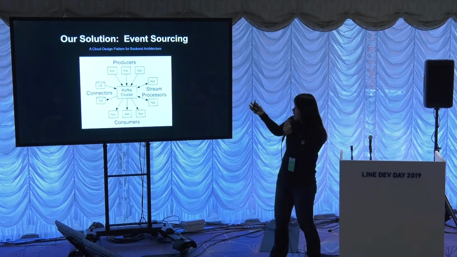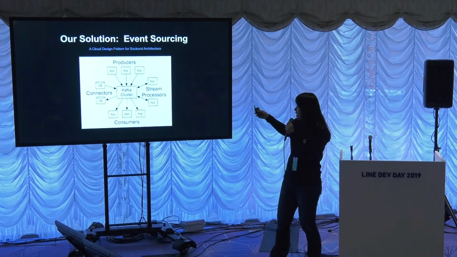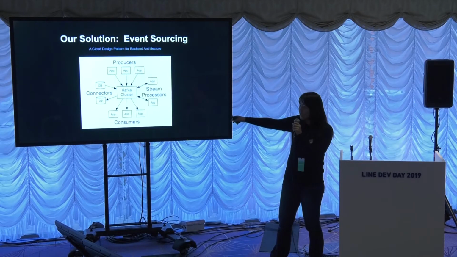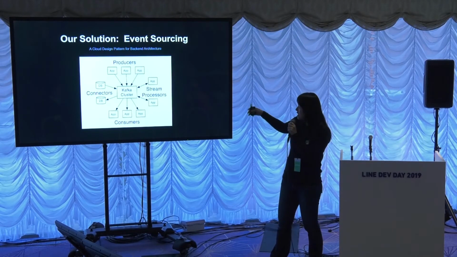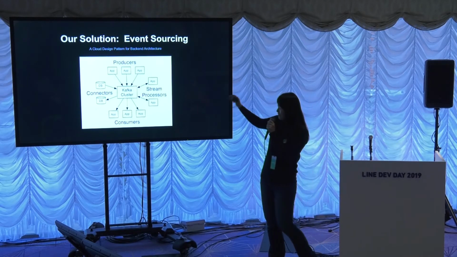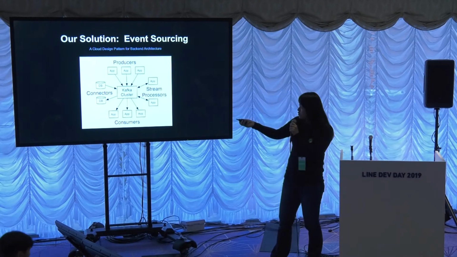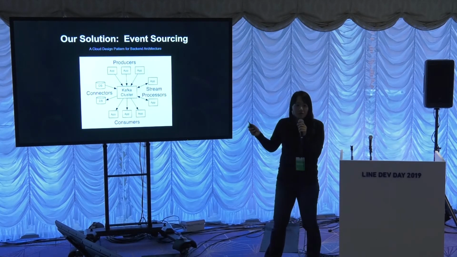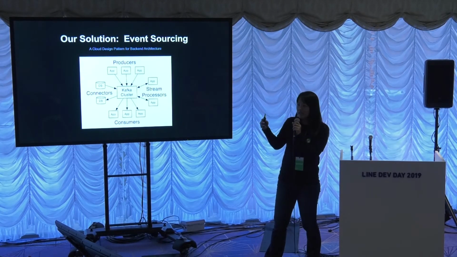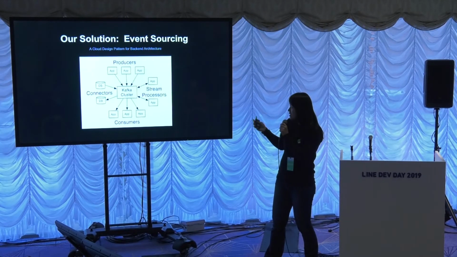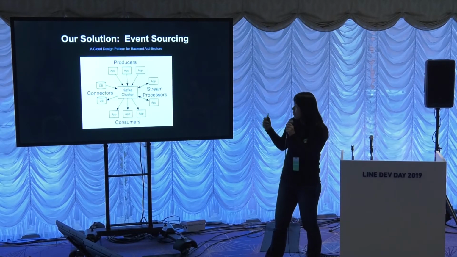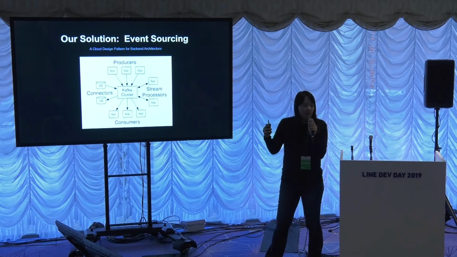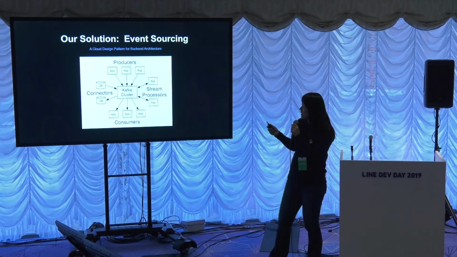Kafka has producers, and stream processors, which can do some calculation and data conversion and put the event back to Kafka. Consumers and connectors are simple consumers which are already implemented. So we can just choose the proper connectors, set the configurations, and it will run like a charm.